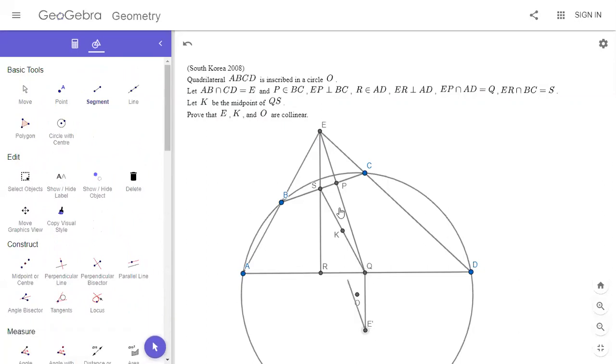And I want to show, so we know that EK and E prime are collinear. It's all right.